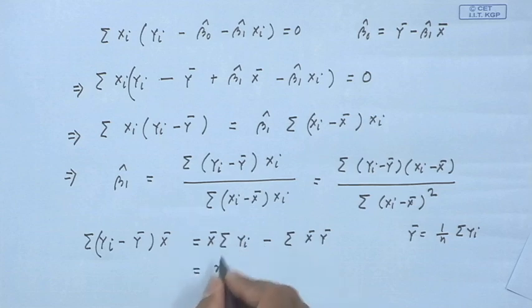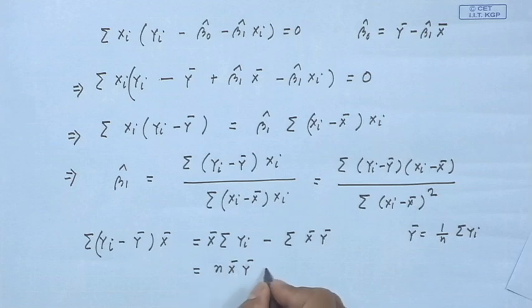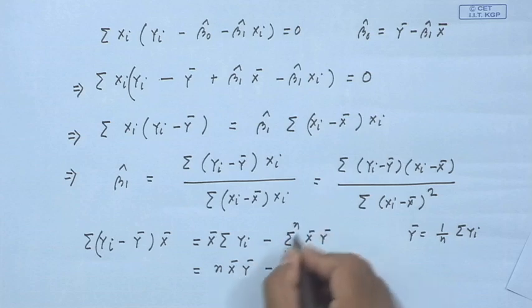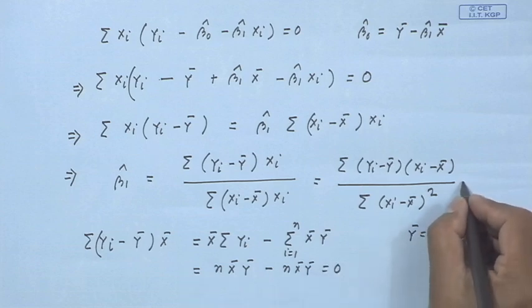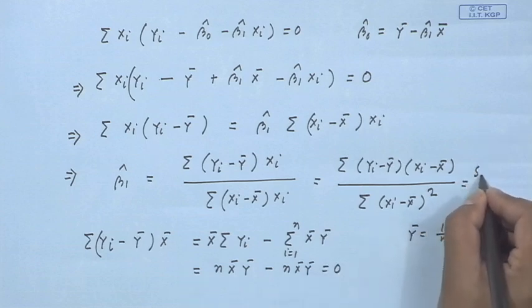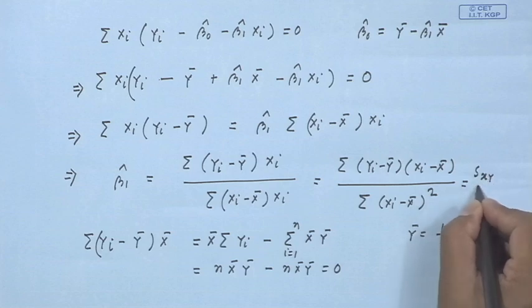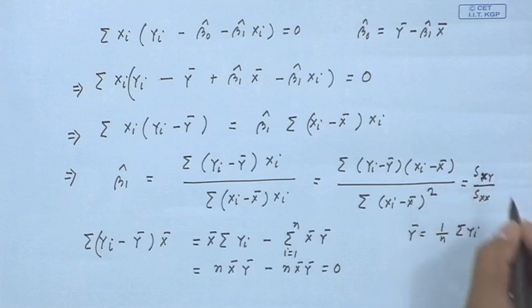So, that is n into x bar into y bar minus, this sum is from 1 to n and it is independent of I, so n into x bar and y bar. So, this is 0. Okay.